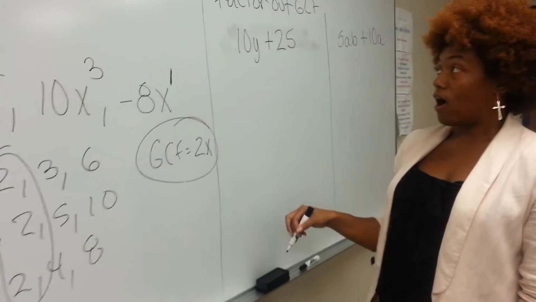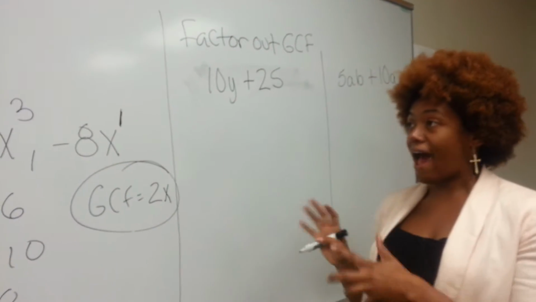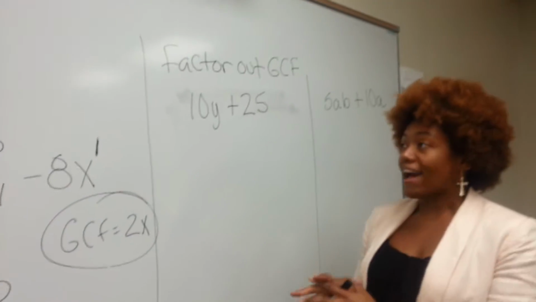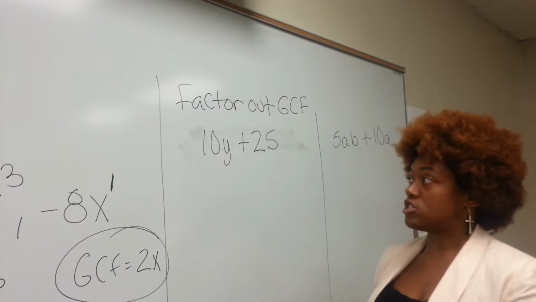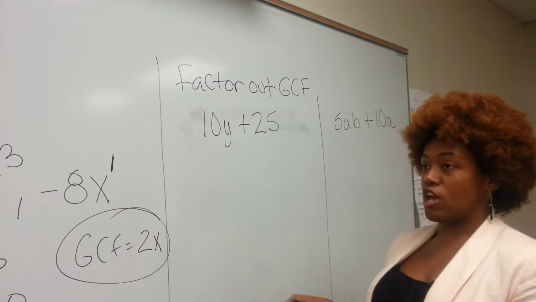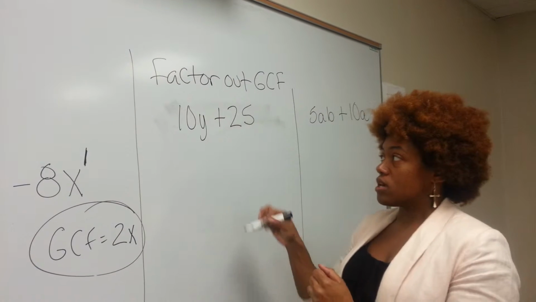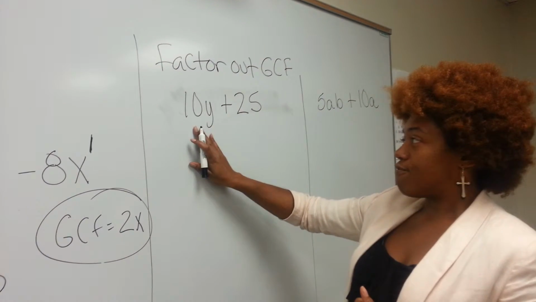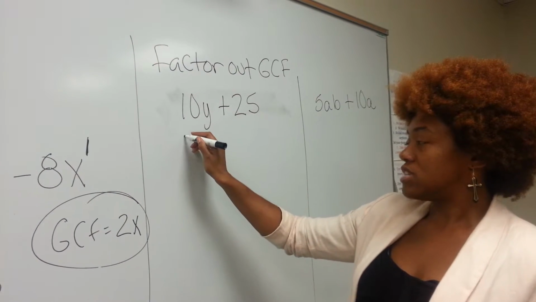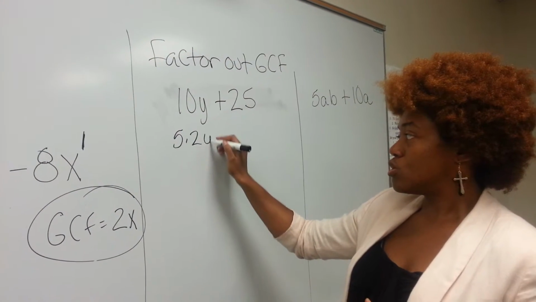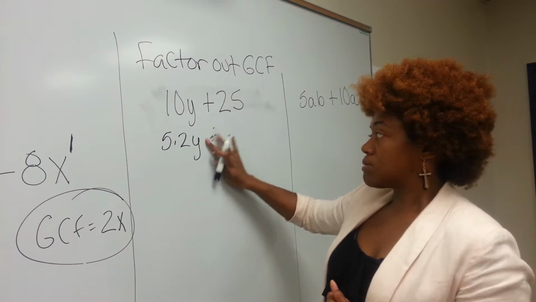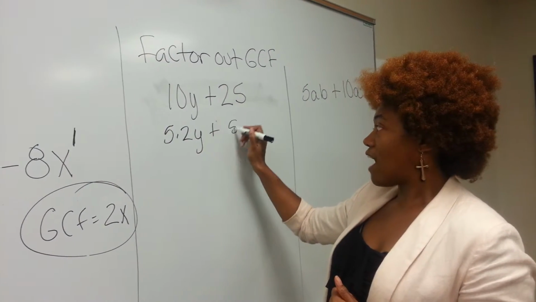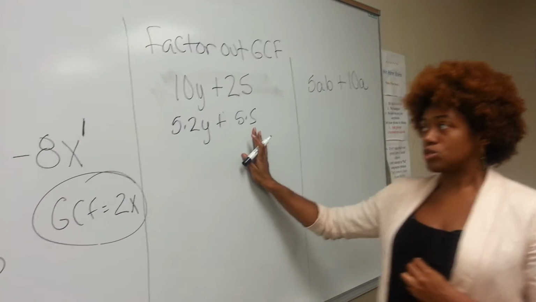So, now we talk about factoring out the GCF. Factoring out the GCF means that you find the greatest common factor and you bring it to the front. So, if I want to find the greatest common factor of 10 and 25, well, technically 5 times 2 is what multiplies to be 10, plus 5 times 5 is what multiplies to be 25.